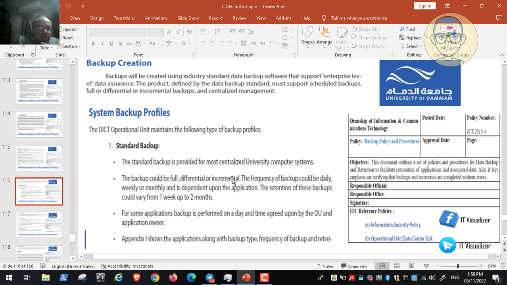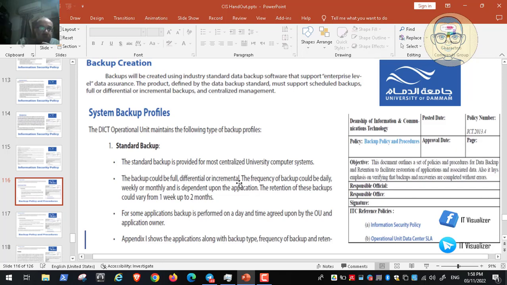Maybe an application is very, very critical. Maybe the financial application, of course, needs to be backed up every day because this is financial data. Maybe the file server that contains all of the users' documents and files needs to be backed up daily.